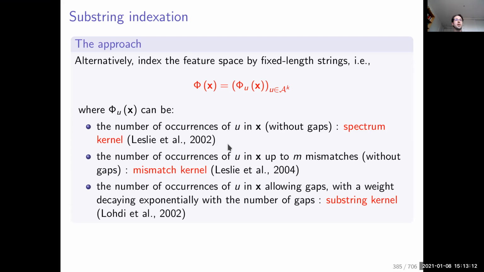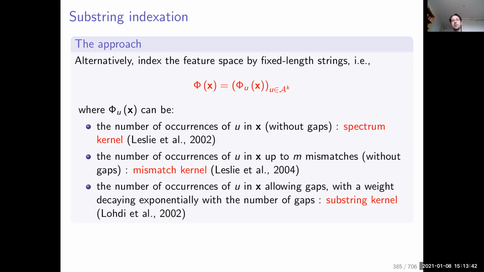Now, it turns out that for biological sequences, at least for DNA sequences, this representation lacks some flexibility. Because imagine that you have a relatively large pattern U, let's say it has 10 letters, you will have a value phi u of x that is non-zero only if this pattern appears exactly in the sequence.